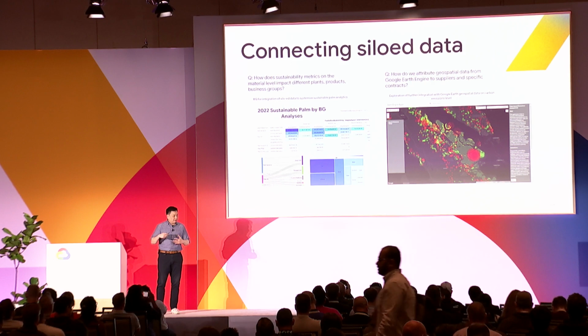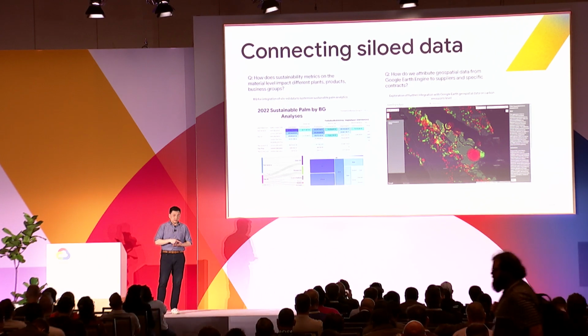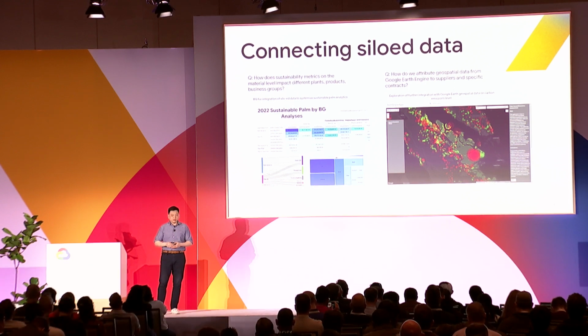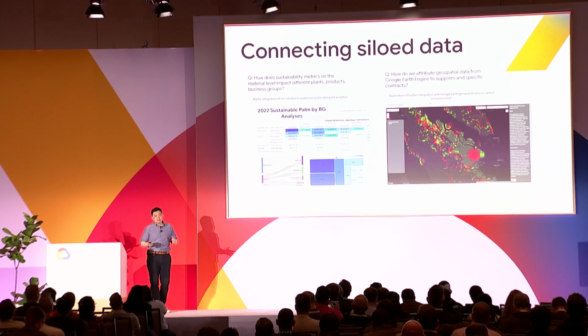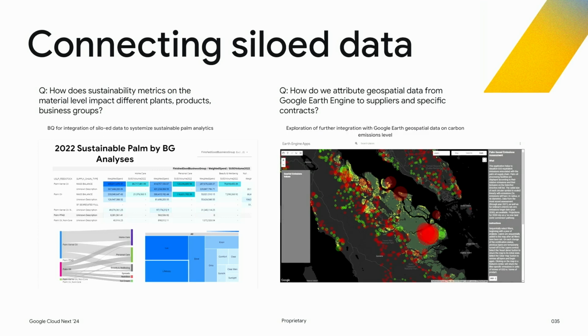But once we had landed that data there and we felt pretty confident of that data set, taking us on that journey from supplier all the way to our business groups and helping us finally allocate our spend across these different divisions, we started realizing this is a pretty convenient launching point for us to add other pieces of data onto there too. Pieces of data that haven't typically been attributed down to those business group levels.